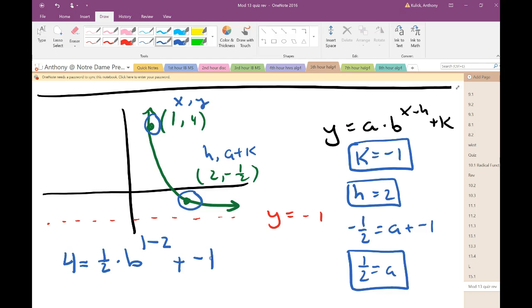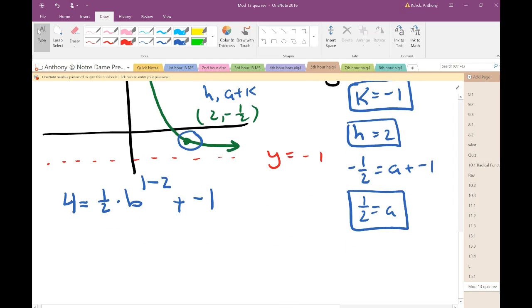I'm now just going to solve for b. What would I want to do first to solve for b? Add 1 to both sides. And I notice that 1 minus 2 is -1. What would I do next? Divide by 1/2, or rather, multiply by 2.